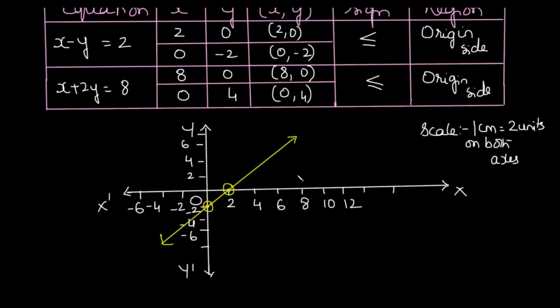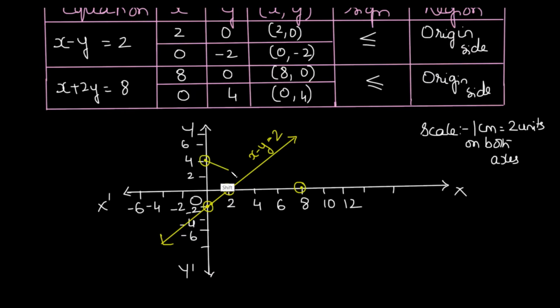Okay, and now let me write the equation of the line also over here. It is x minus y is equal to 2. If you do things this way, you are bound to get less confused later on. Then the other one, we require (8, 0), so (8, 0) here on the x-axis. And the other point is (0, 4), here on the y-axis.